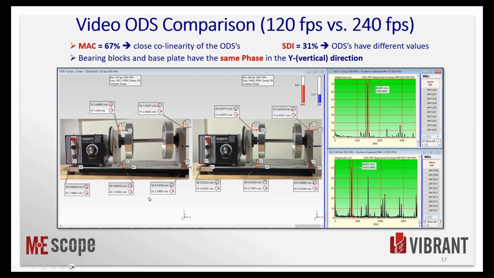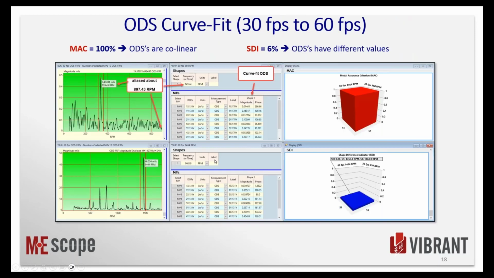And what that means is that in the Y direction, the vertical direction, this machine is just hopping up and down on its rubber mounts. MAC is not very good though. So comparing this data to this data, they're not as collinear, although the SDI is a little better now, 30%, 31%, but still different values.